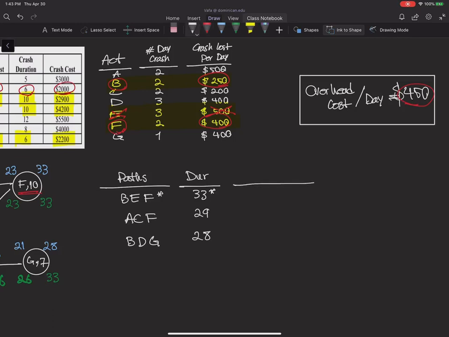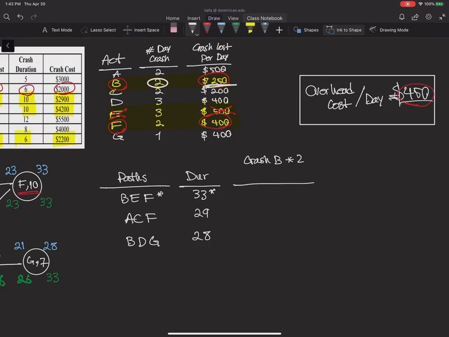So I would crash B, and it can be crashed for 2 days. So I will crash it for all 2 days. And so the cost here would be $500, 2 times 250, since the cost per day is $250.